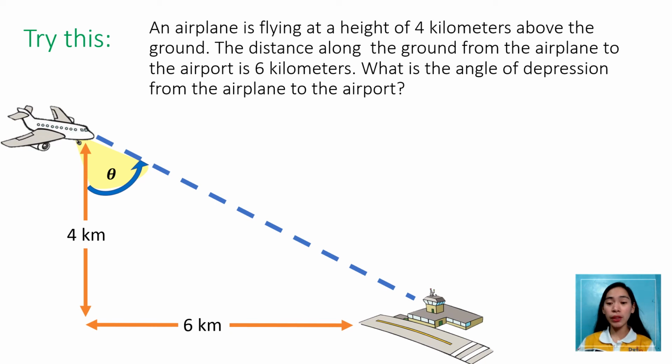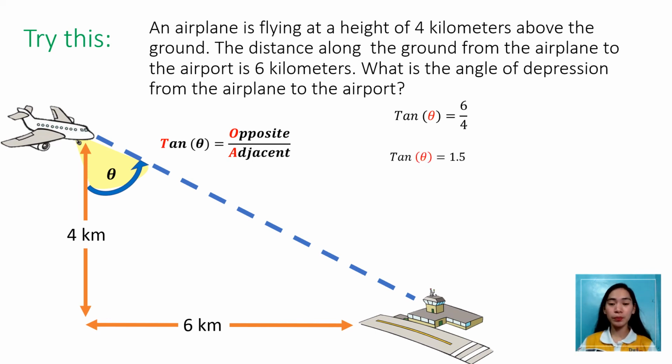Since we already know our opposite side and adjacent side, let's use our trigonometric ratio tangent or TOA. And then let's substitute. So 6 for the opposite side and 4 kilometers for the adjacent side. Now using a calculator, 6 divided by 4 is 1.5.